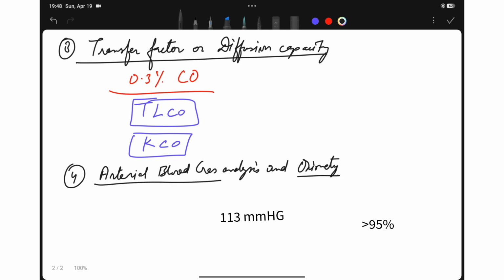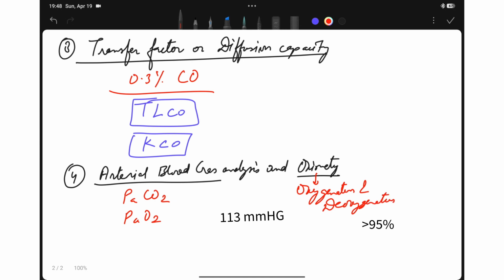Under this, what do we do? The arterial blood gas analysis gives us the partial pressure of carbon dioxide and the partial pressure of oxygen, and in oximetry we measure oxygenation and deoxygenation of blood in our body.